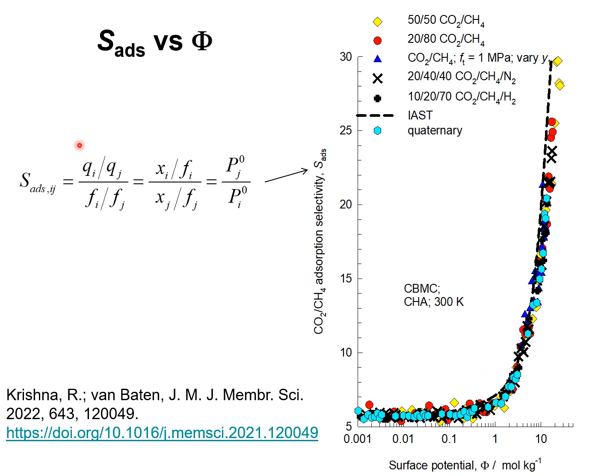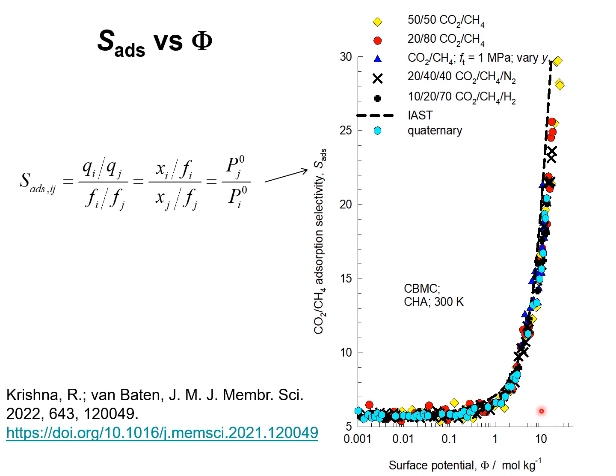So the adsorption selectivity of CO2 with respect to methane in a variety of mixtures can be predicted on the basis of data on the unary isotherms.